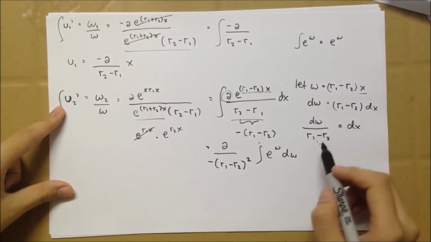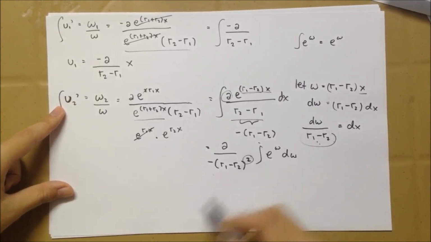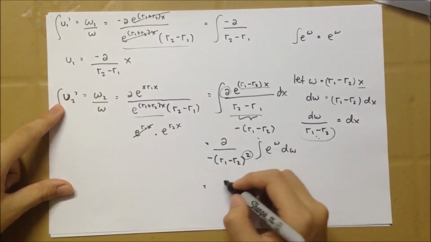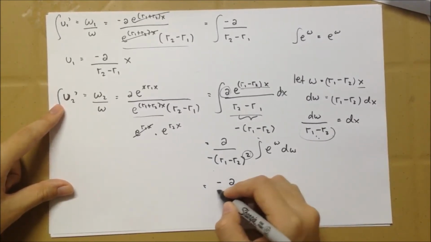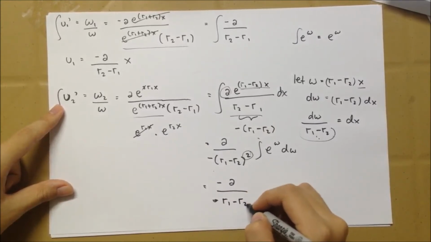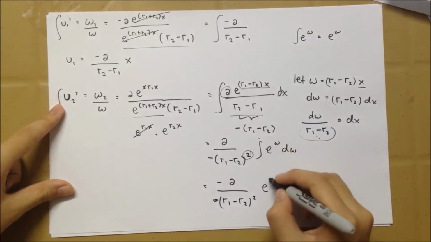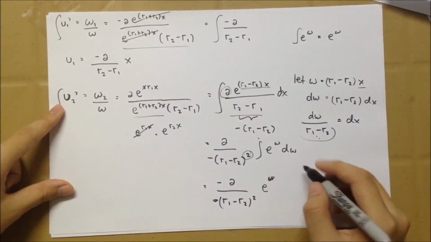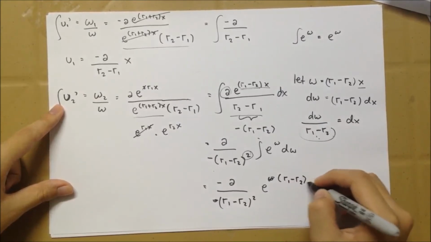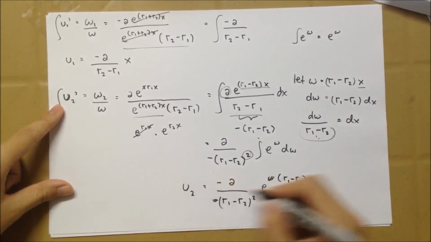Just notice that this part I took out from the integral sign, so this one becomes squared. So from here, our integral for that one is negative a over r1 minus r2 squared times e to the w, where my w is just equal to r1 minus r2 x. So that is my value for my u2.